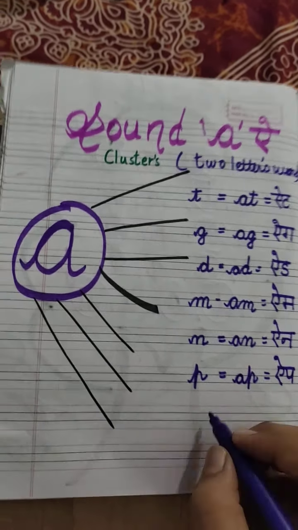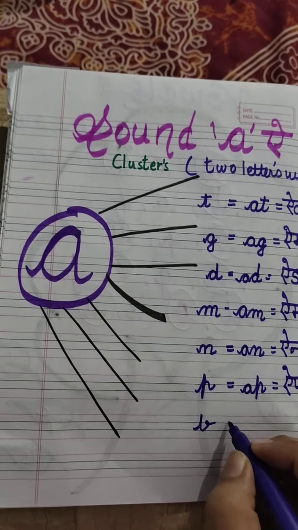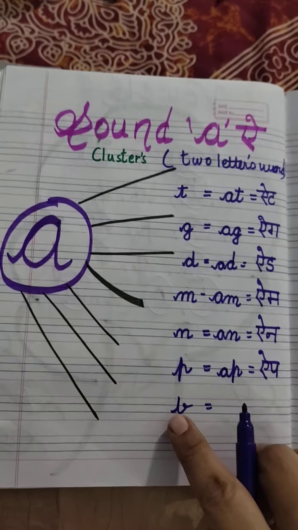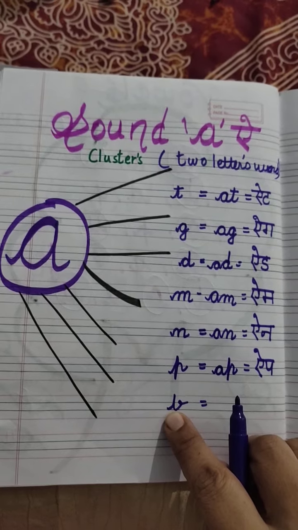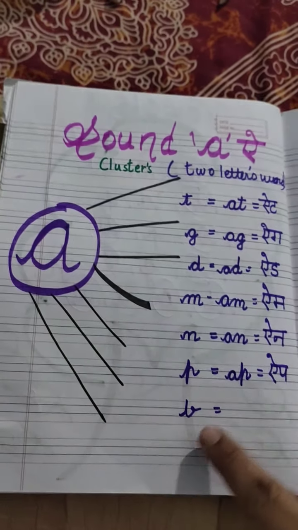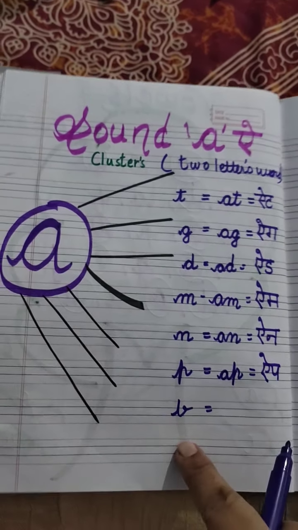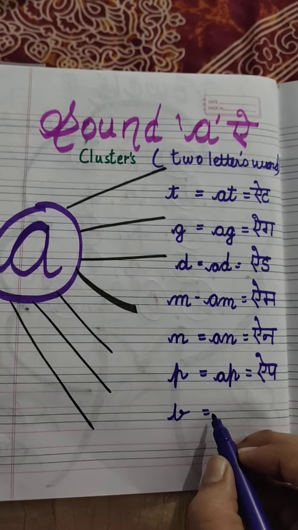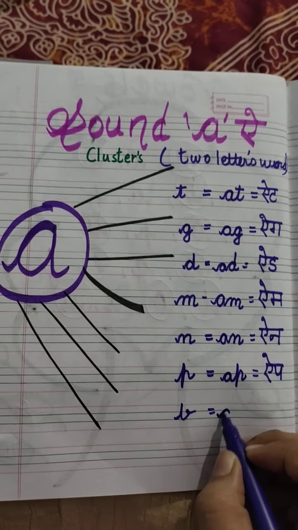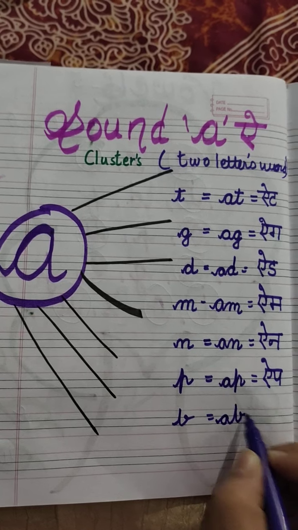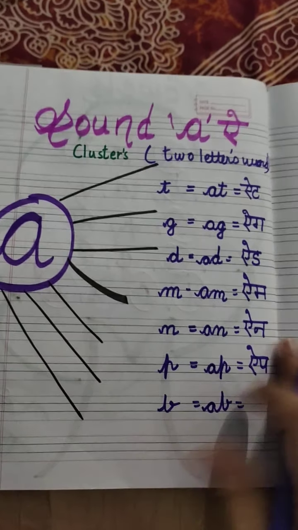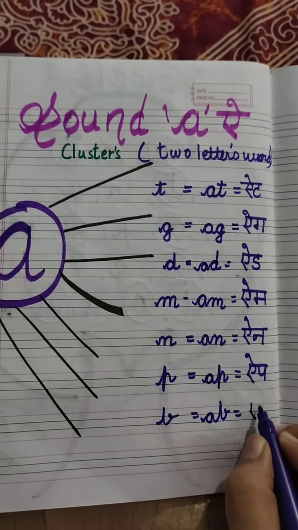Now the last is our consonant B. We have to join the vowel and consonant to make our cluster. So this is A and this is B. So what sound do these make?